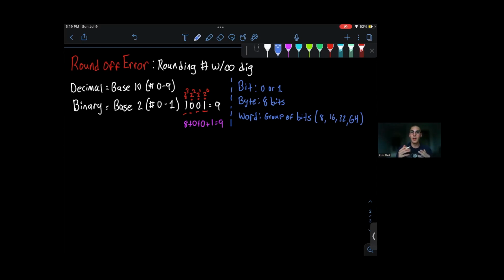Now, not all of the bits in a word are used for the number purpose, right? That might not make a whole ton of sense, but if I were to say, okay, I'm going to set up an 8-bit word here, I'm going to give us 8 slots.